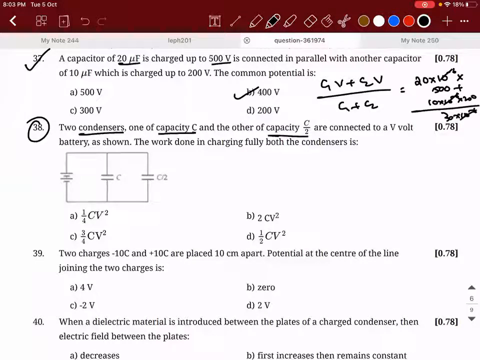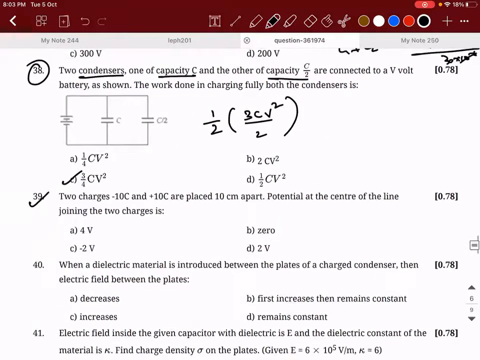Because total capacitance is 3C by 2, so work done is half CV square: 3C by 2 into 1 by 2 V square. So 3 by 4 CV square.